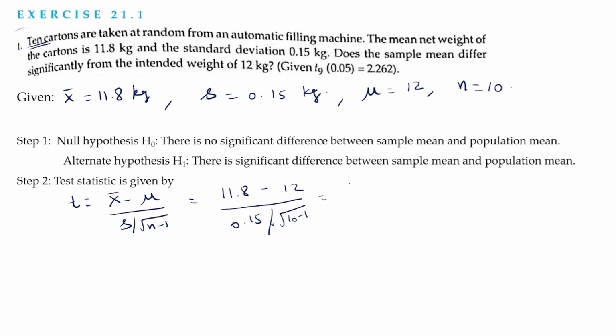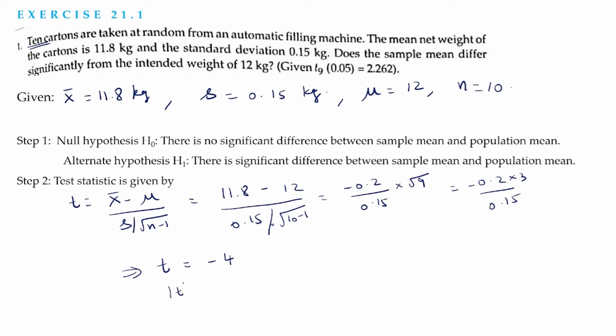So this is equal to minus 0.2 upon 0.15 into root 9. Root 9 is 3. So we have 0.2 into 3 upon 0.15. So from this we get t equal to minus 4.